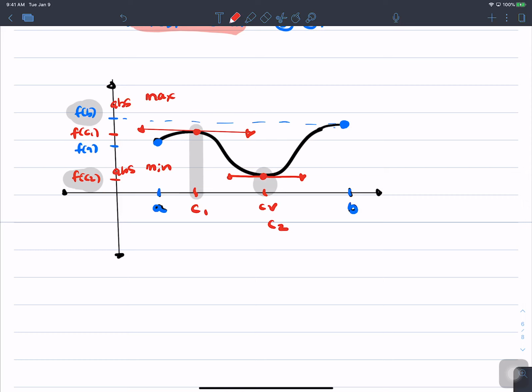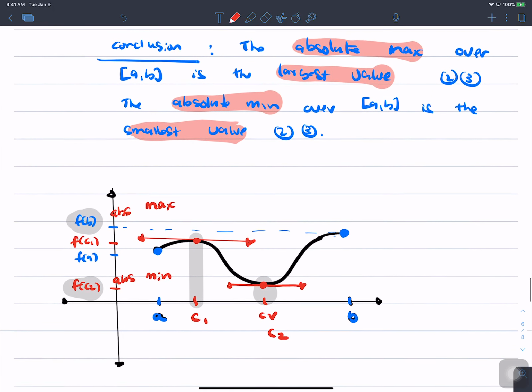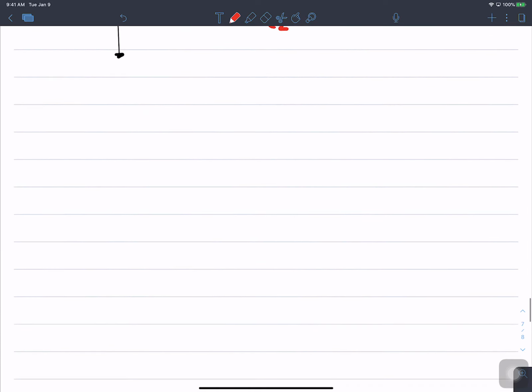Remember, the shortest altitude is the absolute min. The largest altitude is the absolute max. That just corresponds to y values. So as you can see, it can happen at a critical value or it can happen at an endpoint. This curve could look a lot of different ways, but that's the idea behind it. A nice continuous curve over a closed interval guarantees an absolute max and absolute min in the interval.